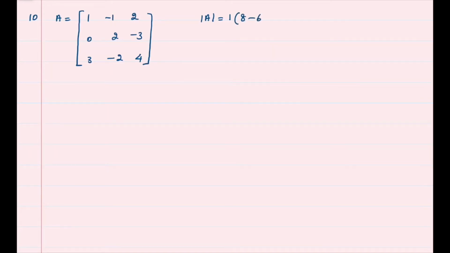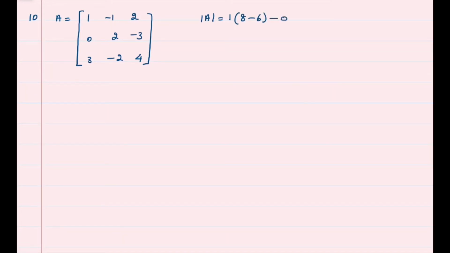Question 10. We will take the given matrix as A. Let us find the determinant value of this matrix. We will expand along the first column. 1 into 8 minus 6.